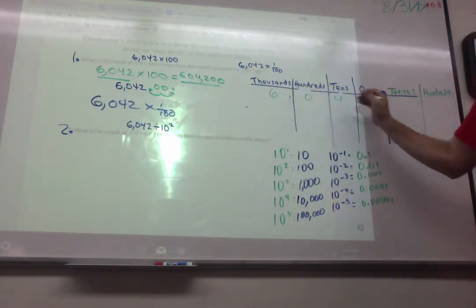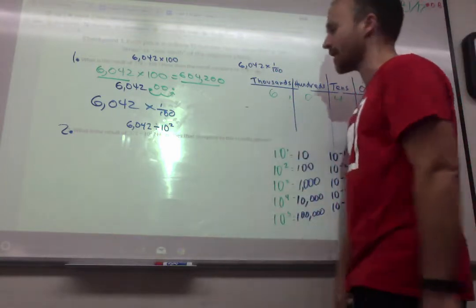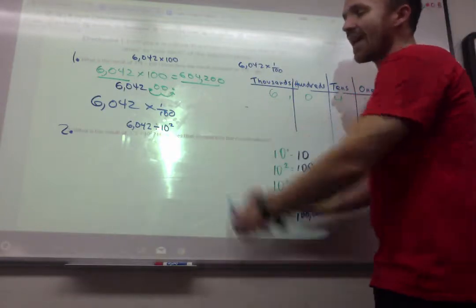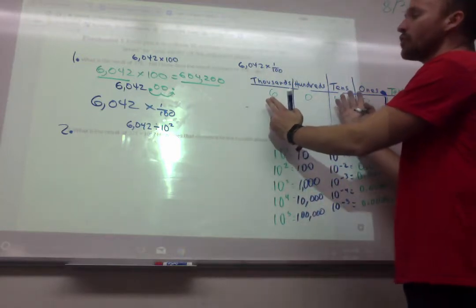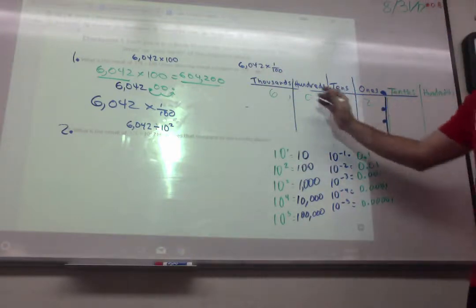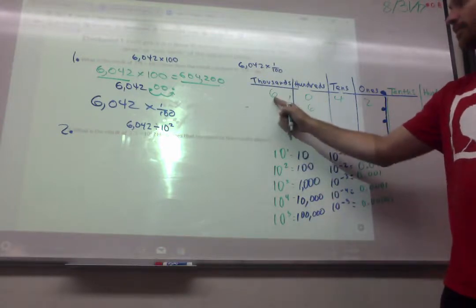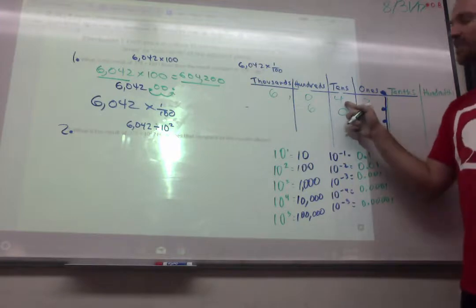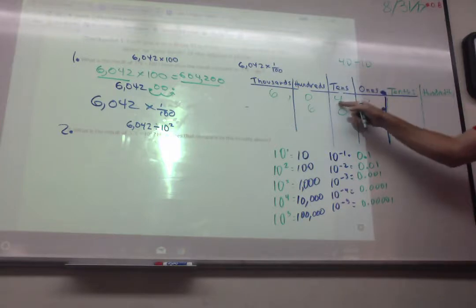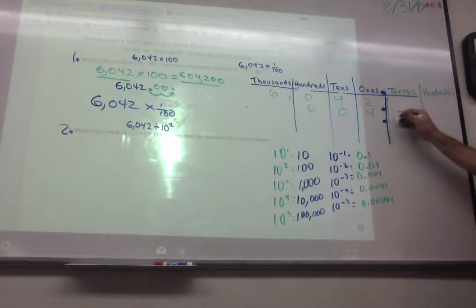So this number that is 6,042, instead of making it 100 times bigger, moving the digits 2 place values to the left, I'm now going to move those digits 2 place values to the right. 6,000 divided by 10 is 600. 4 tens, 40, divided by 10 is 4. 2 divided by 10 is 2 tenths.